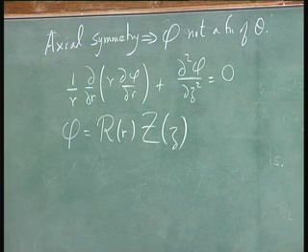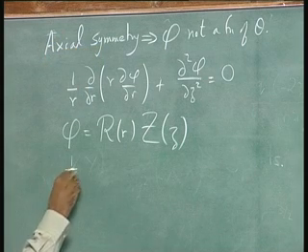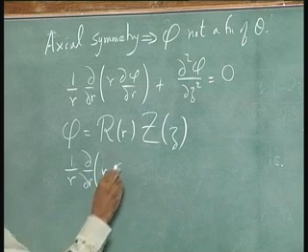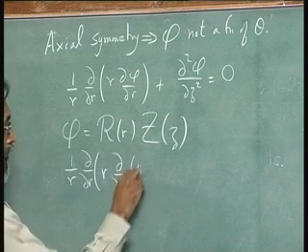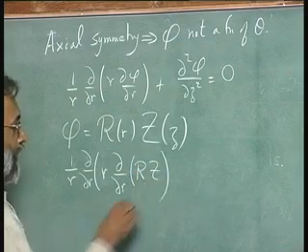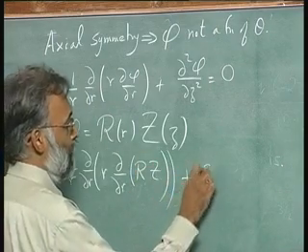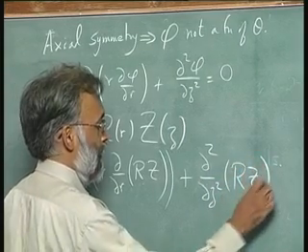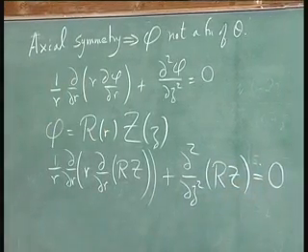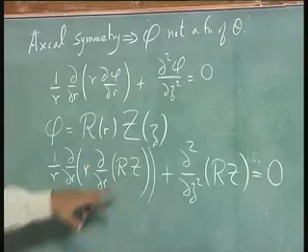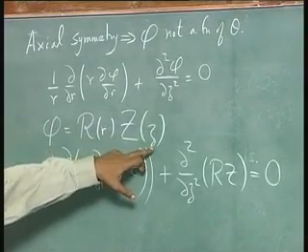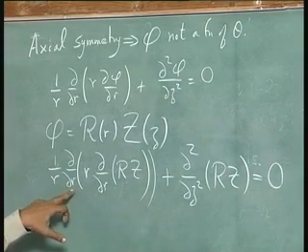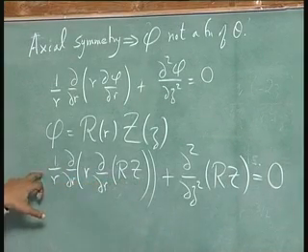Substitute into the equation. So, I get 1 over r del del r of r del capital R capital Z del r plus del square del z square of capital R capital Z is equal to 0. But Z is a function of small z, and everything here is taking derivatives with respect to r. So, this Z can be pulled out.